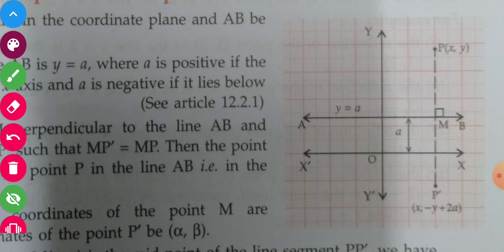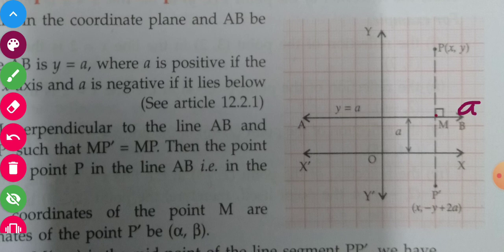So now what will happen? I have to find the coordinates of P' if the coordinates of P are x comma y. So what will be the coordinates of point M? Since point M is at a distance of a from the x axis, this length is the y coordinate, so the y coordinate is a.